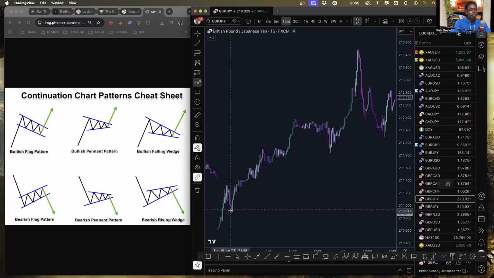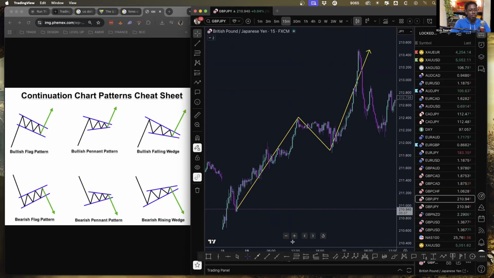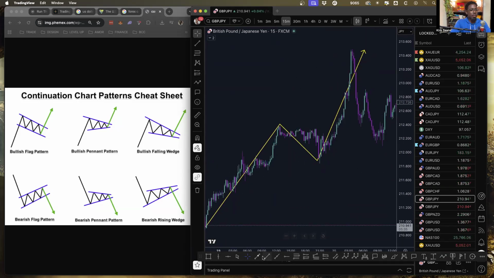We got something here. We got price come out, come down, go up again. All right. So let's draw this up. Price came here, and then it came from this low point, and then we got this. If we try to connect as many wicks as possible, we would end up with something like this.